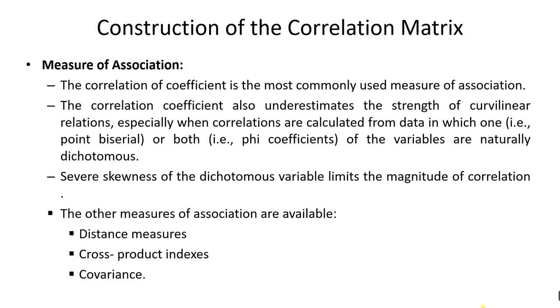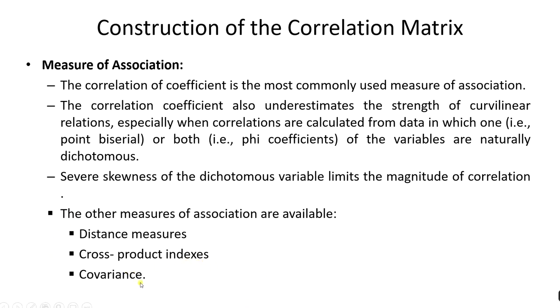So the correlation coefficients assess only one aspect of the profile, that is the shape. The other two aspects, the level and dispersion, are not assessed. So other alternative measures of association have been suggested, like distance measures and cross product indices.